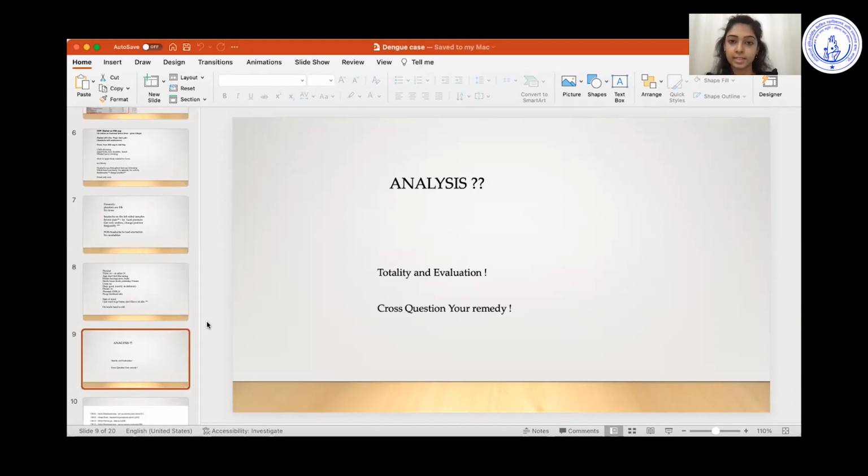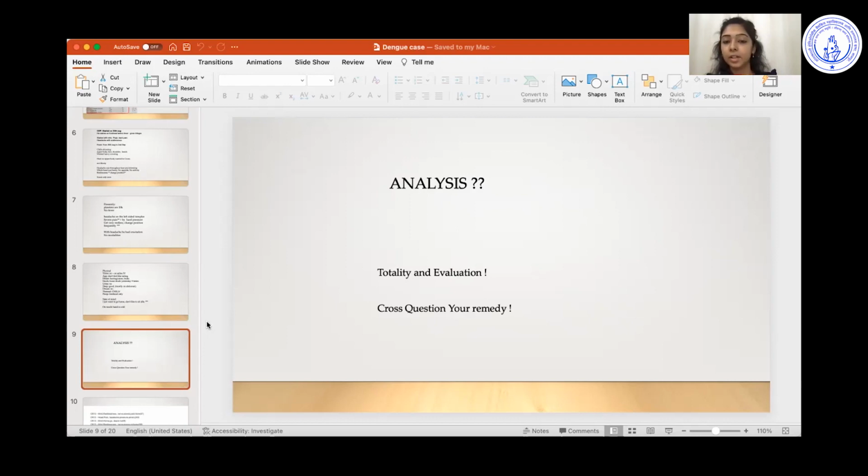He was so restless. So we need to form that portrait and totality and evaluate it further. After evaluation, you will reach a certain set of remedies. From that set of remedies, we need to choose a final remedy.